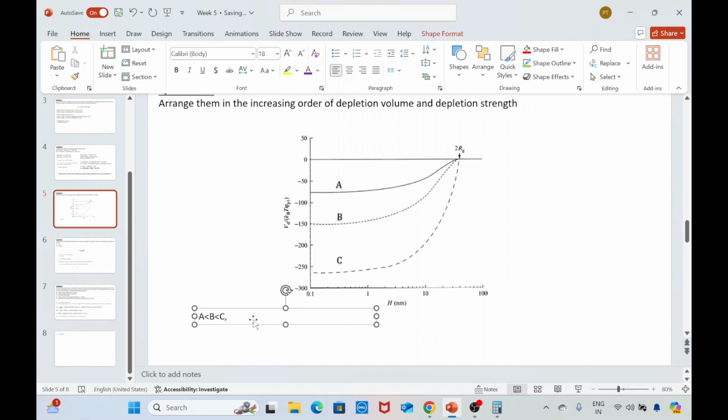This order is the same as that of your depletion strength, because if the depletion volume is more, then the depletion strength is also more. So both the orders are the same.